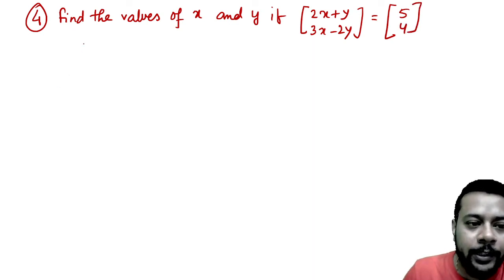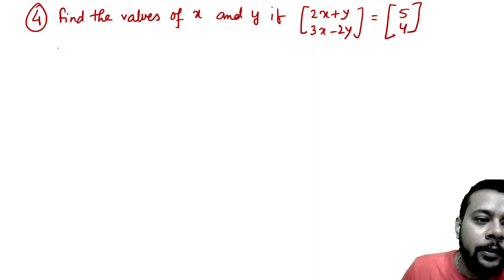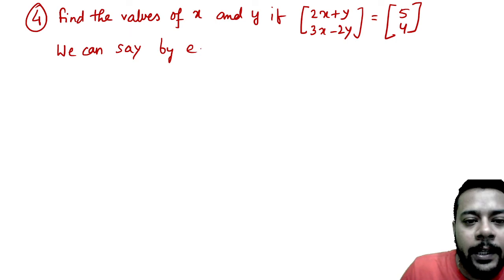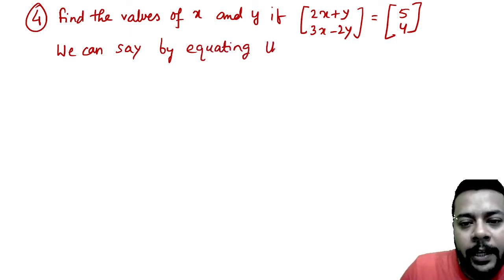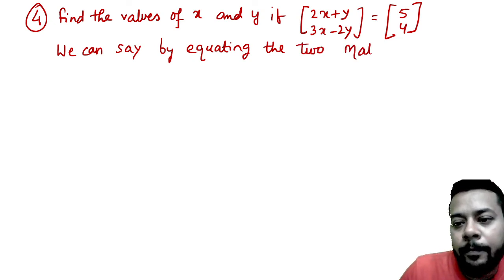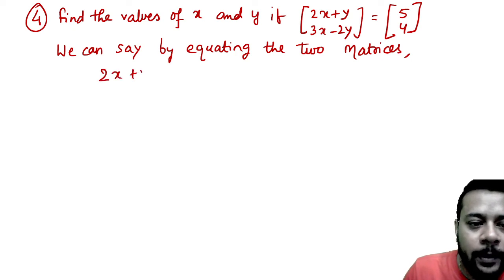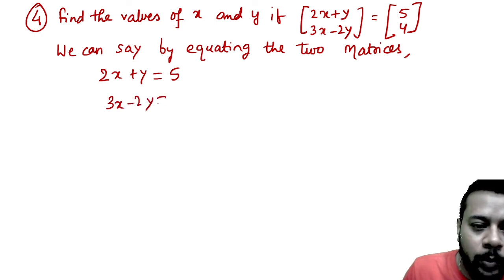So what you will do is, by equating the two matrices, we can say that 2x plus y is equal to 5 and 3x minus 2y is equal to 4.